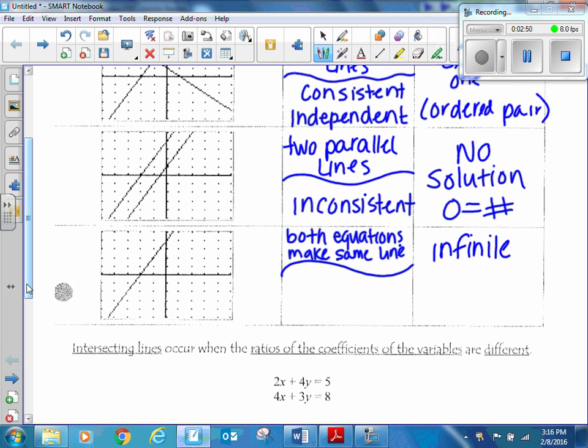And when you're solving, you're going to end up with 0 equals 0. The way I like to think about it, if you put those 0s close enough, it almost resembles the infinity sign with the equal sign in the middle. So that's one way to remember infinite solutions. And again, because it has one or more, it's consistent. And this is actually the dependent case.